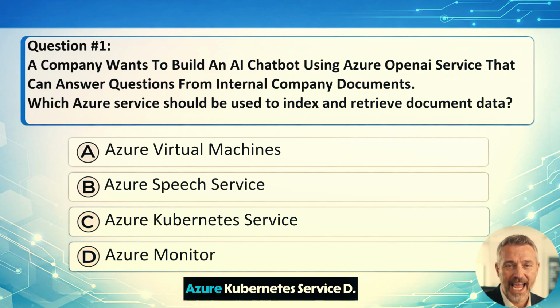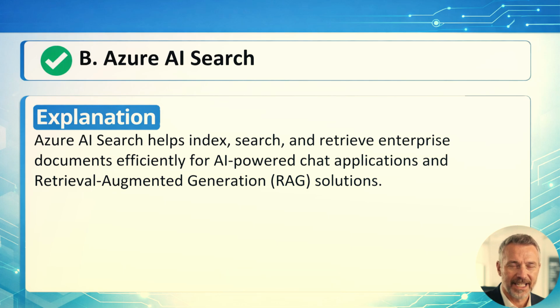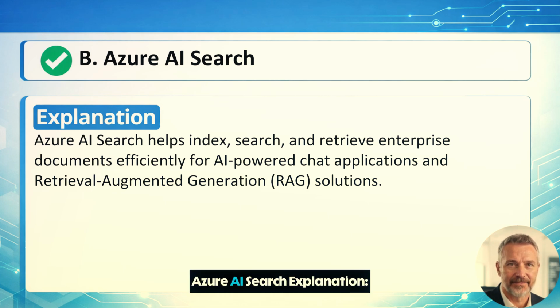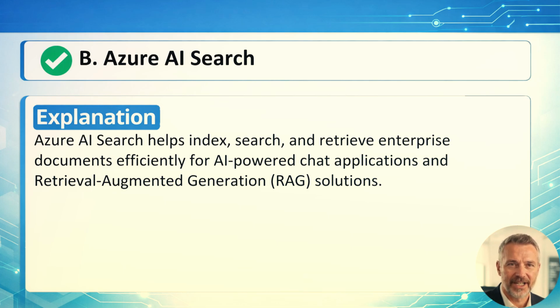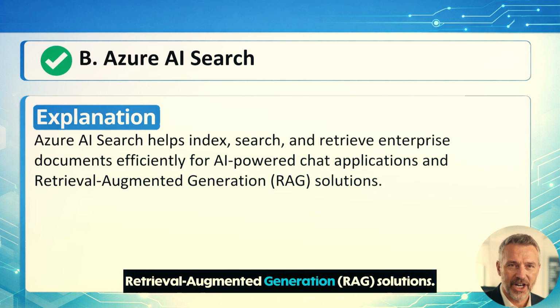C. Azure Kubernetes Service. D. Azure Monitor. Correct answer, B. Azure AI Search. Explanation: Azure AI Search helps index, search, and retrieve enterprise documents efficiently for AI-powered chat applications and retrieval augmented generation, RAG solutions.